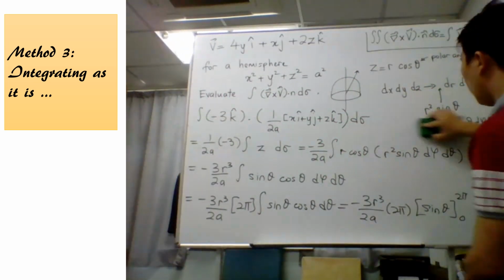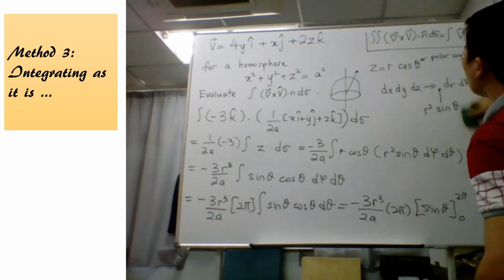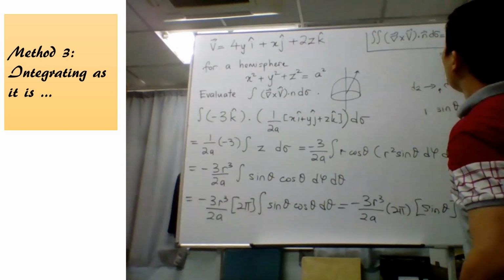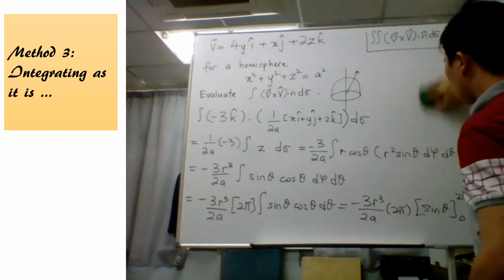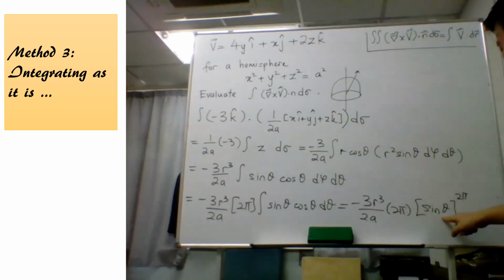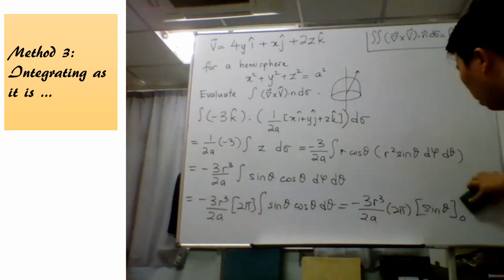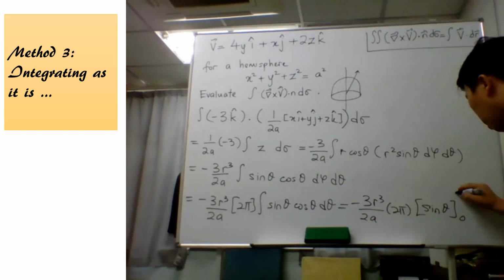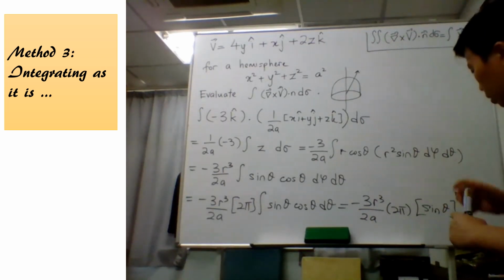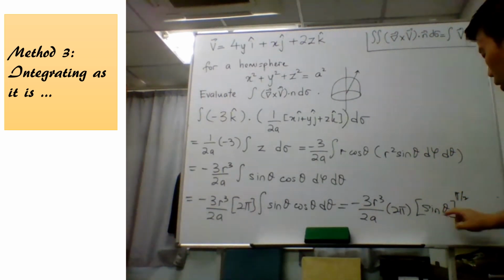I will remove this part. So here's sine, sorry, not 2 pi. This is pi over 2. Sine pi over 2. So now I have sine pi over 2. This is 1. Sine 0 is 0.